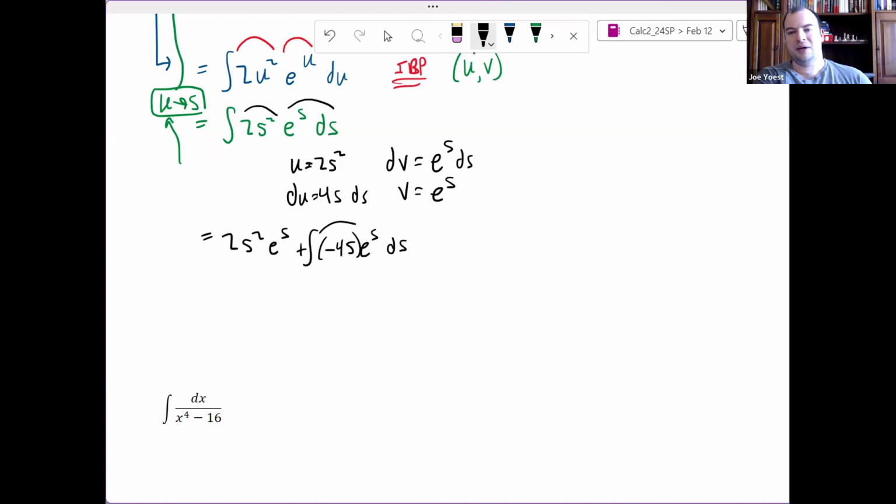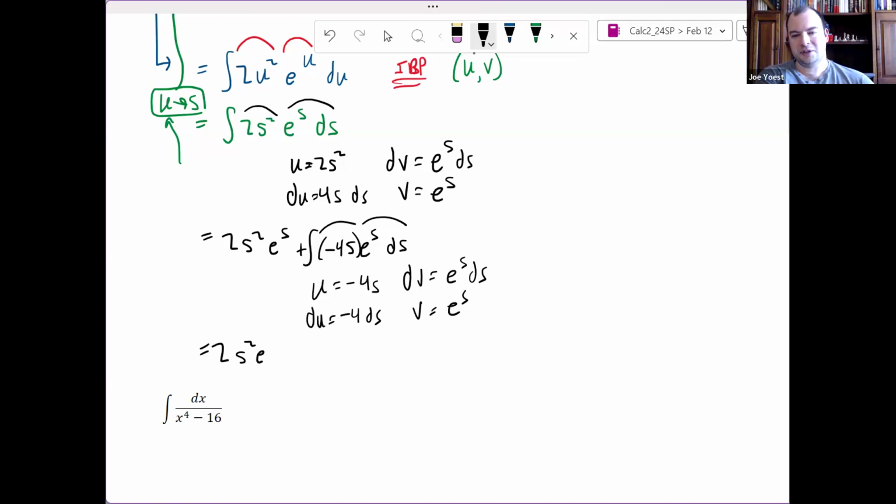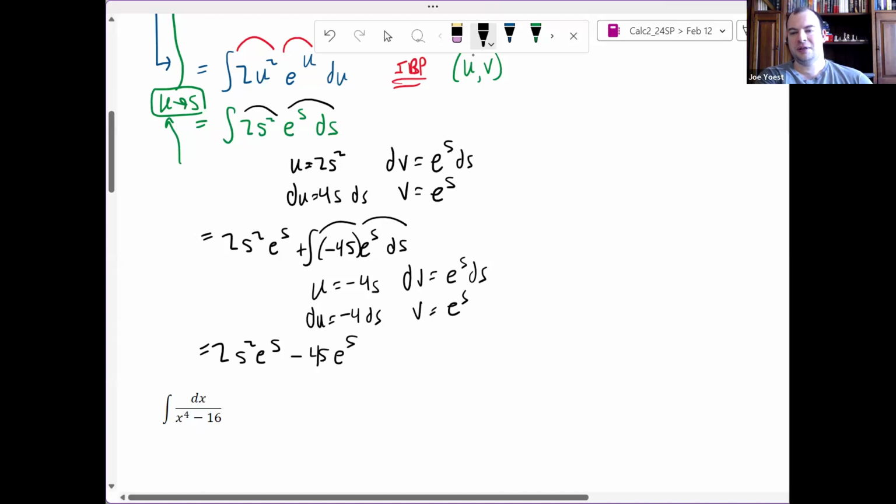So now again, I want to differentiate this guy, integrate this guy, copying down that first bit, plus uv, which is a minus 4s e to the s.